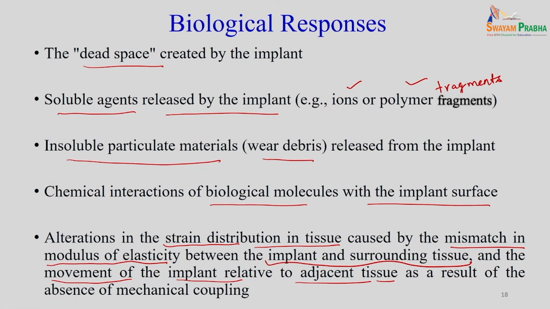Because of mechanical incompatibility, there will be alteration in the strain distribution in the tissue, and these factors combine together and give the holistic response for this in vivo analysis.